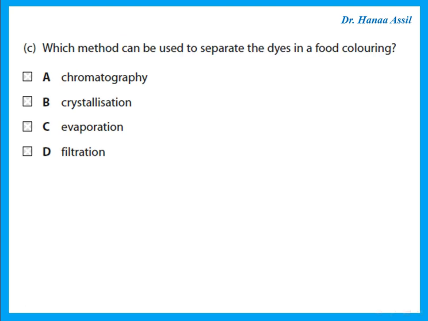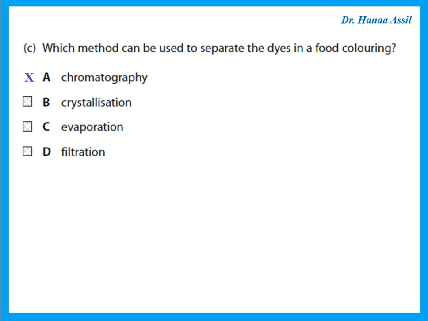Which method can be used to separate dyes in a food coloring? Remember, to separate dyes in a food coloring, what do we use? We use chromatography. When do we use crystallization? We use crystallization if we have a solution and I want the solid. So a solution of sodium chloride and I want sodium chloride solid, that's crystallization.